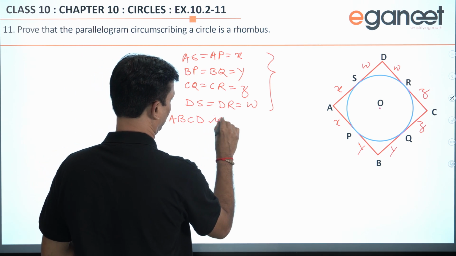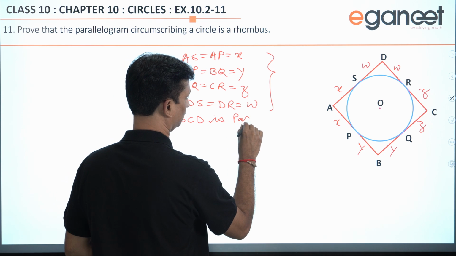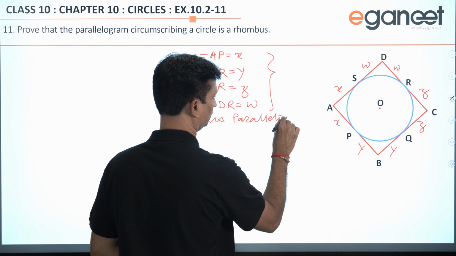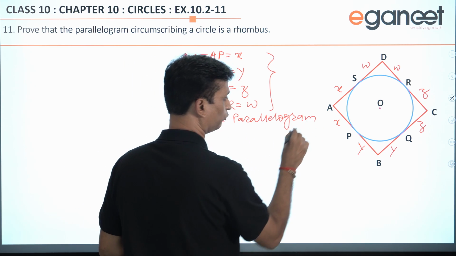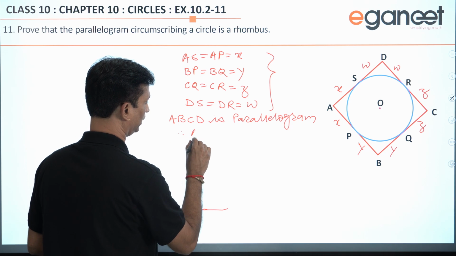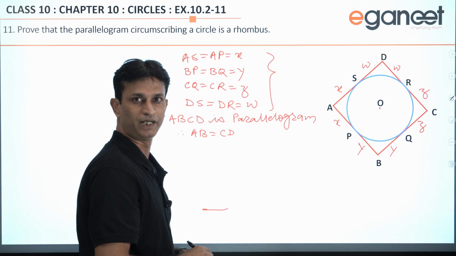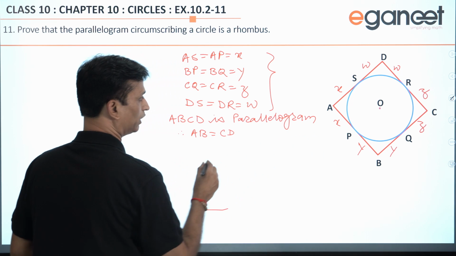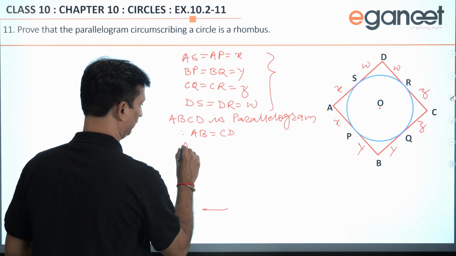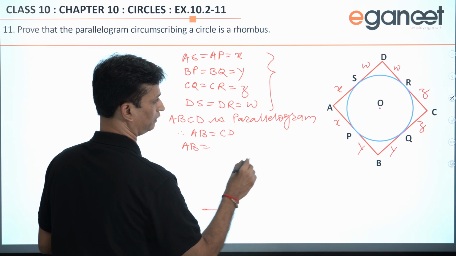ABCD is a parallelogram, and therefore we can say AB equal to CD. That is, opposite sides of the parallelogram are equal. Okay, now what is AB? AB will be x plus y.